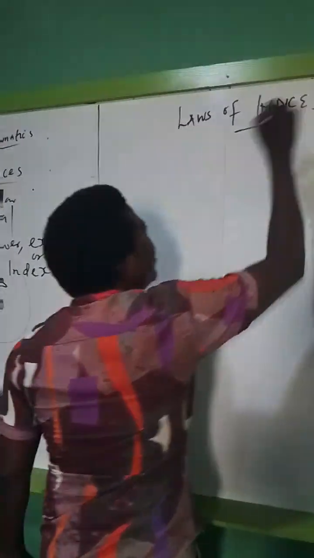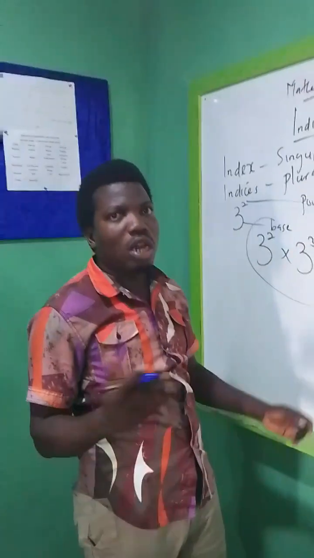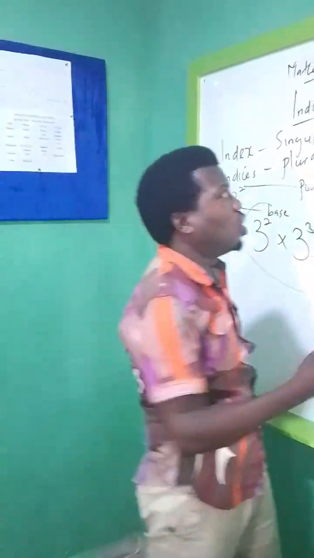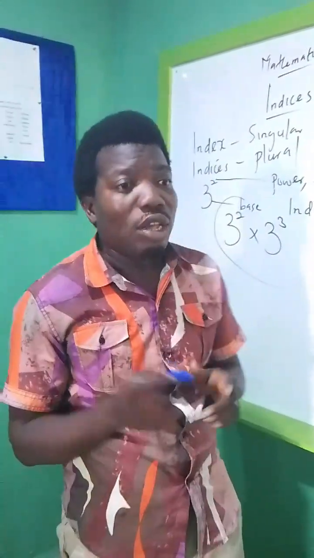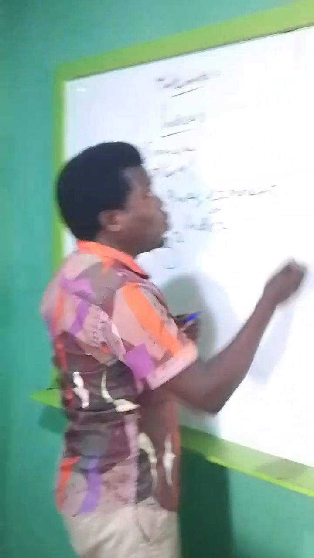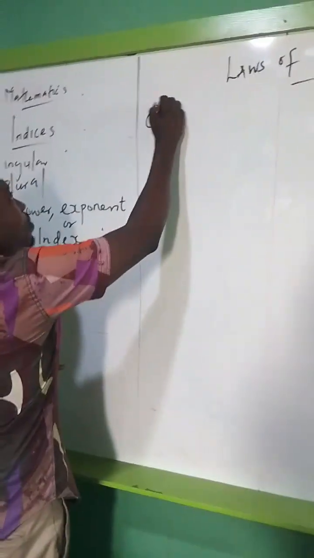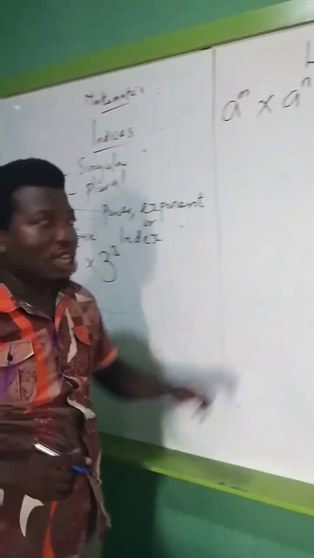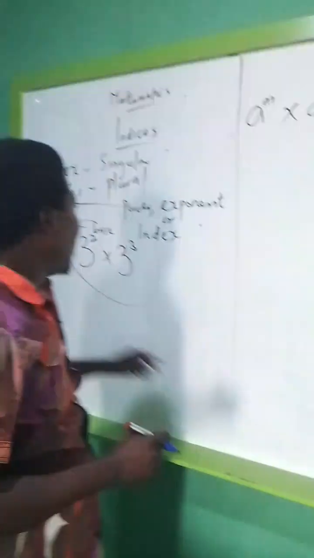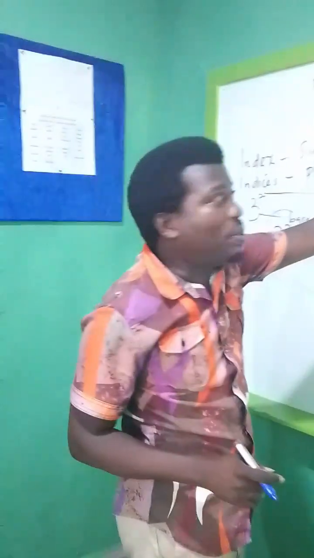The first law, I want to call it the multiplication law. This law is only applicable when the bases are equal. Let's take for example, a raised to the power of n times a raised to the power of n. A is the base.